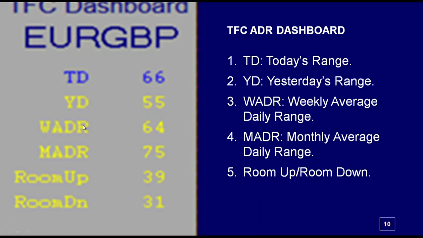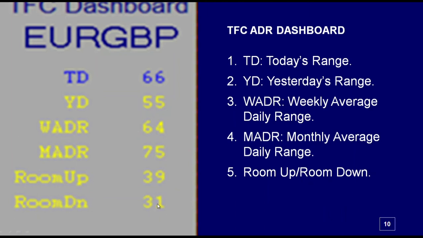The weekly average daily range is 64. And the monthly average daily range is 75. So today's range is close to its weekly, and it's not far away from its monthly average daily range.